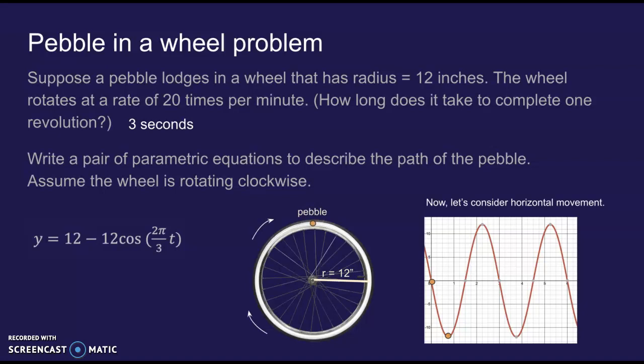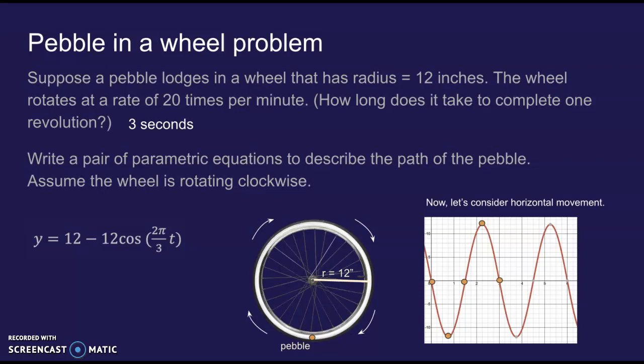Now it's right in line with the axis again. It's above the axle, but that doesn't matter because I'm interested in horizontal movement, not vertical. And we keep turning. And here it is to the right of the axle, 12 inches, and that's positive. And then back to the bottom where it's in line with the axle again.